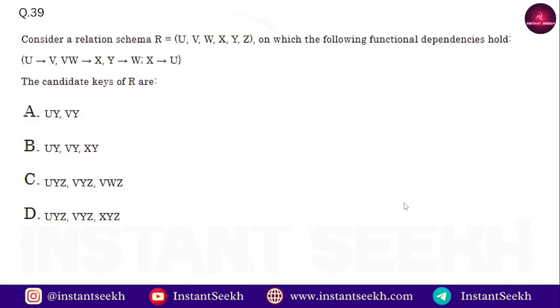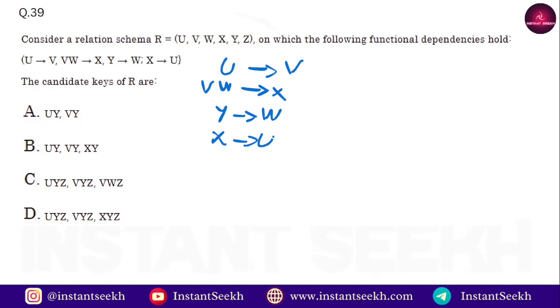So the following functional dependencies, if we see: first we have U to V, then VW to X, then Y to W, and X to U. So here, if you see, YZ is an independent key.